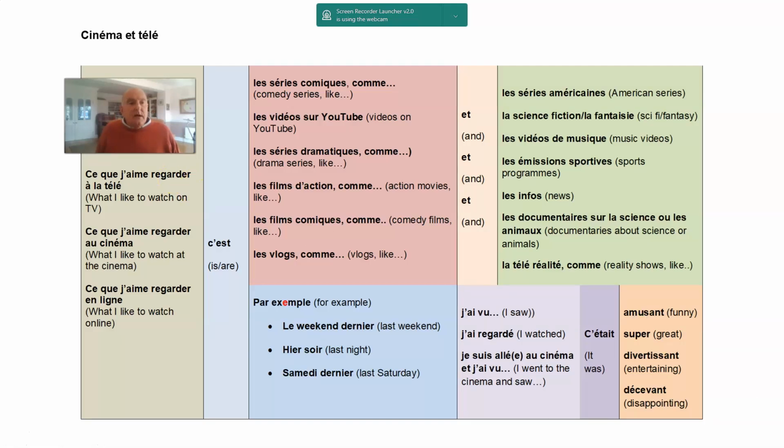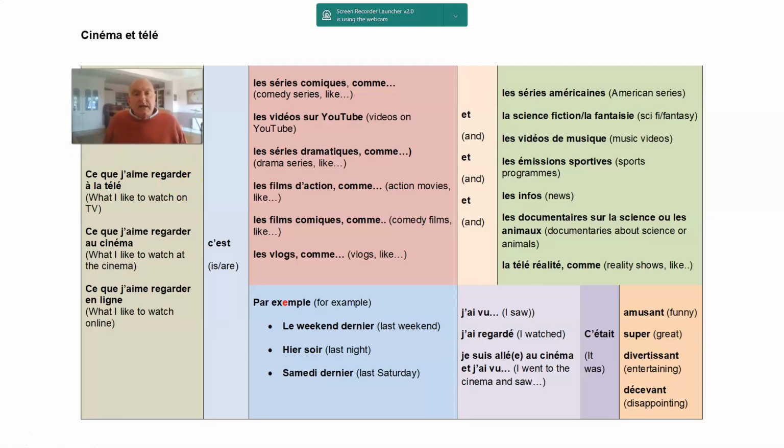Now, I've shown once already in a previous presentation an example of one of these sentence builders or substitution tables or sentence building frames, whatever you want to call them. And you'll see how this one's organized here.